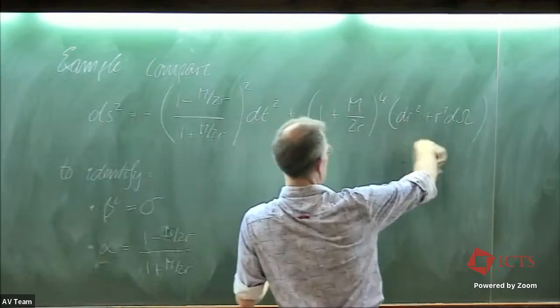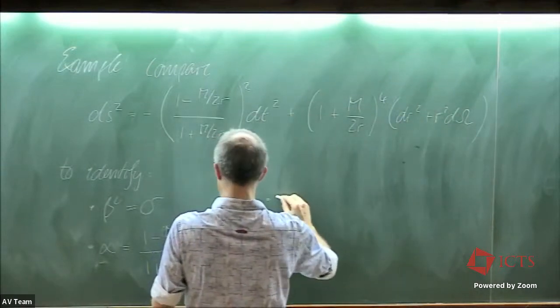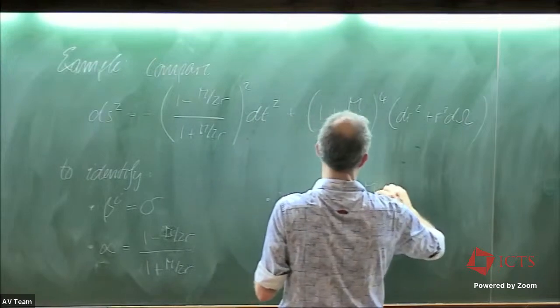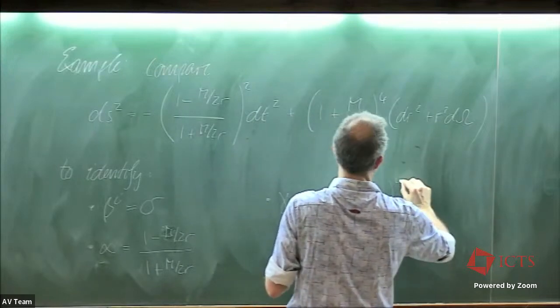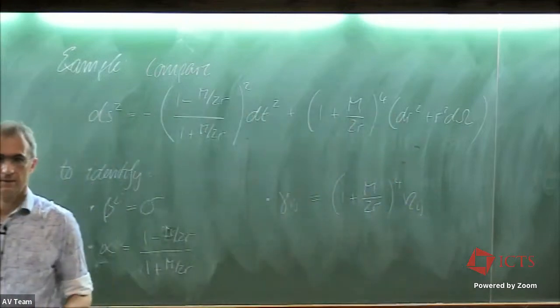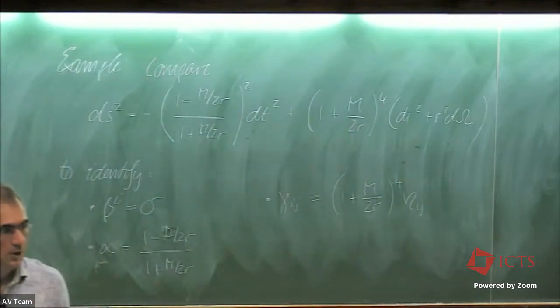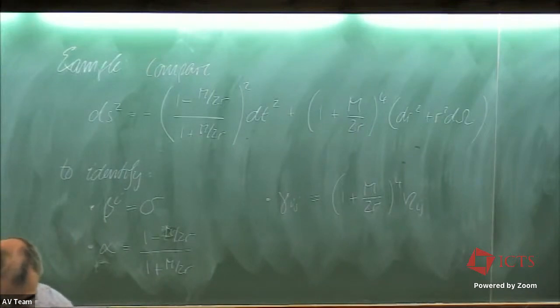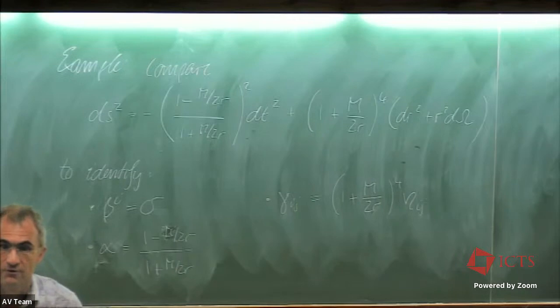Well, that's just this term. So that means the spatial metric, gamma_ij, equals (1 plus m divided by 2r) to the fourth times the flat metric, delta_ij. So this is a simple example where you can identify the lapse and the shift. It's a little bit more complicated if the shift is non-zero.